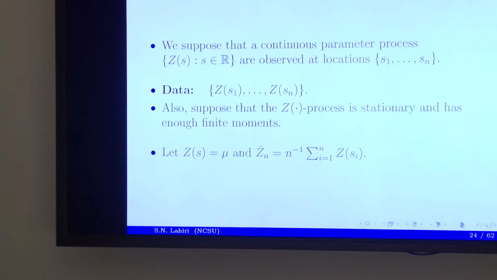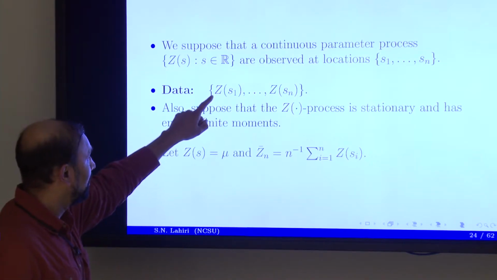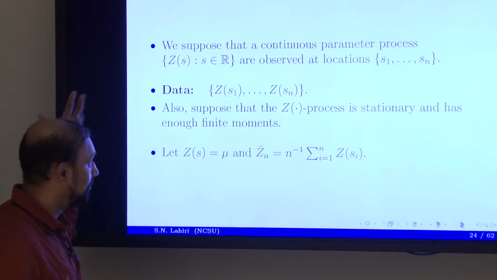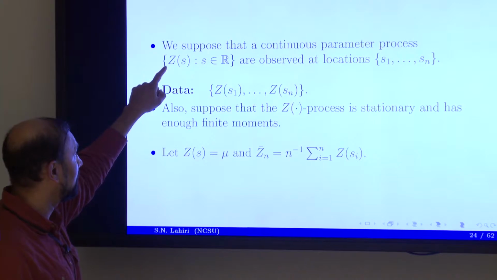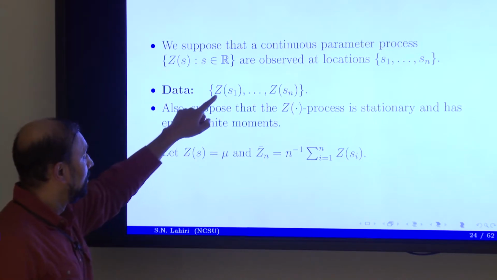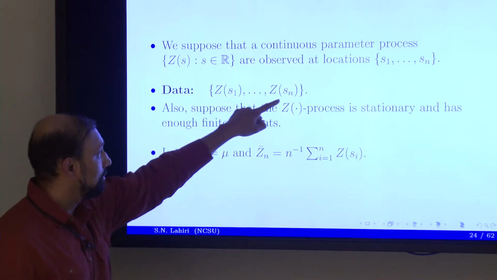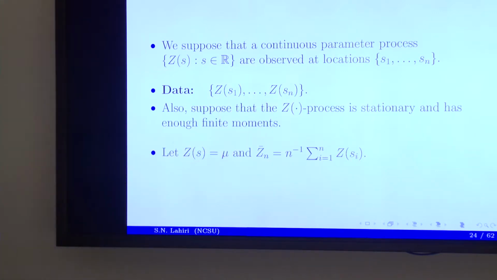Any other question? Okay. All right, so I'm setting up notations again. Our data would be, again, observing the Z process. The underlying process would be continuous parameter. I denote that by Z of s. Data will consist of the values of this process at locations S1 through Sn, and the Si's are generated by the mechanism that I have said before.